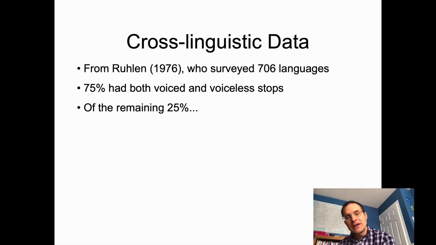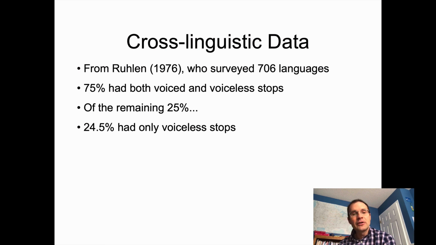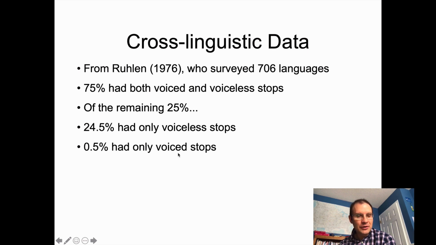But out of the remaining 25%, which didn't have both sets, 24.5%, almost all of them, had only voiceless stops. And only 0.5% had only voiced stops. So it looks like if you have to make a choice, the more popular option is definitely just having voiceless stops rather than voiced stops.